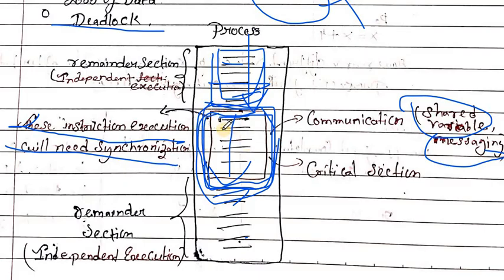This is shared code, and execution is done by synchronization of the processes. So here we define the synchronization, because these shared instructions are shared among two or three or more processes.